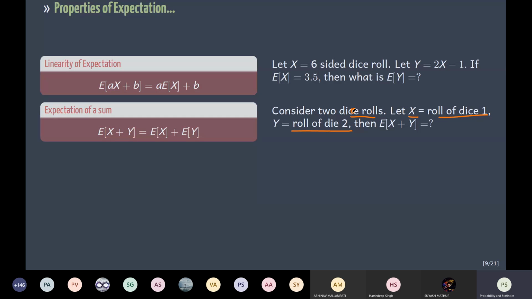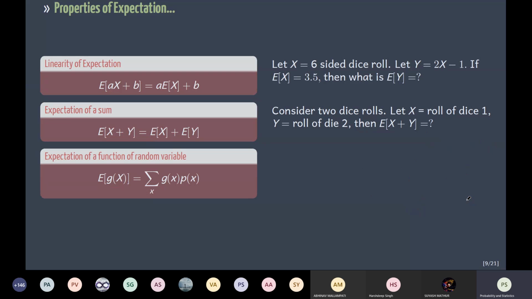Die is the singular, and dice is the plural. Then what is the expectation of X plus Y? We will use linearity: the expectation of X plus Y is the expectation of X plus the expectation of Y. The expectation of die 1, as we calculated before, is 3.5, and Y is also 3.5. So the sum will be 7. That's the answer.